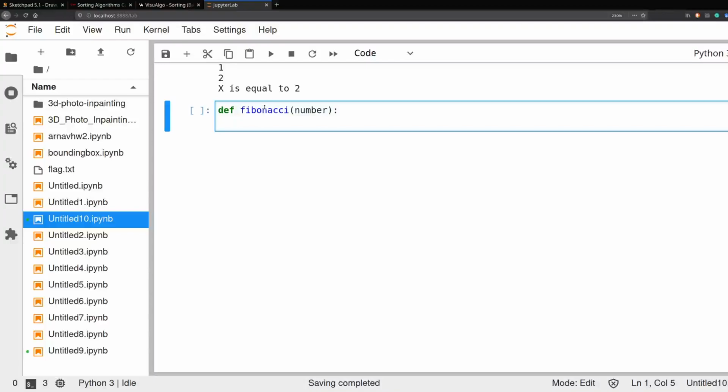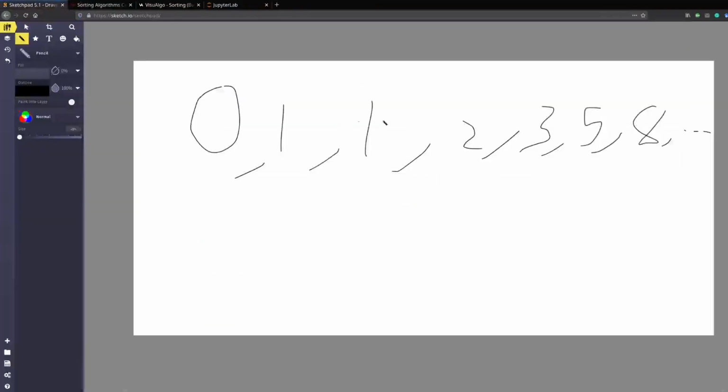If we pass in a number, for example 2, it represents which place in the sequence we want. So for here, number is representing the place it's at. So this is 0, 1, 2, 3, 4, 5.